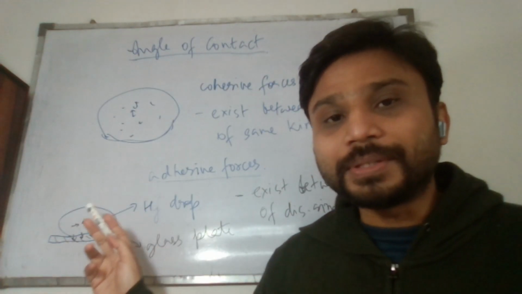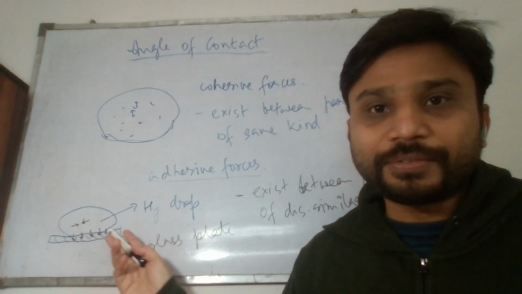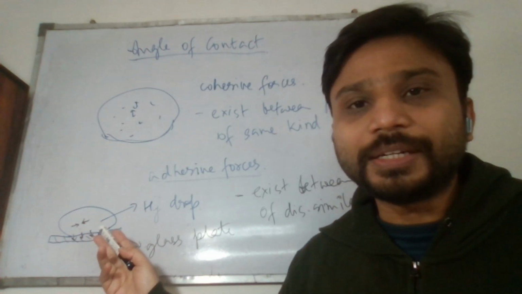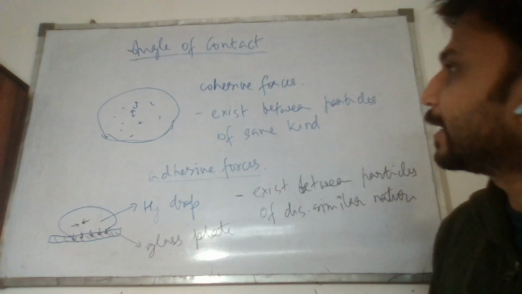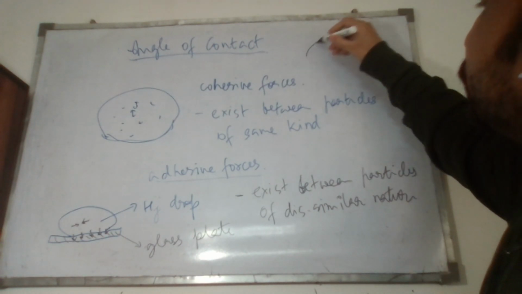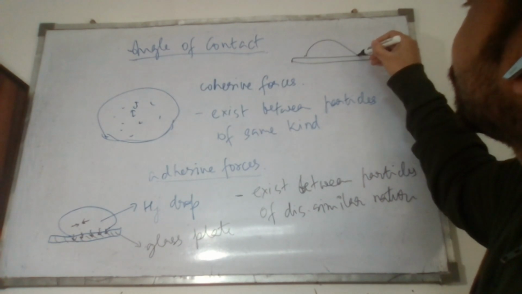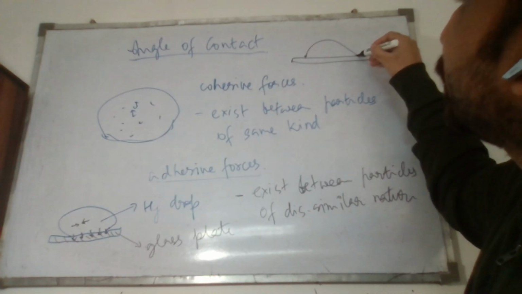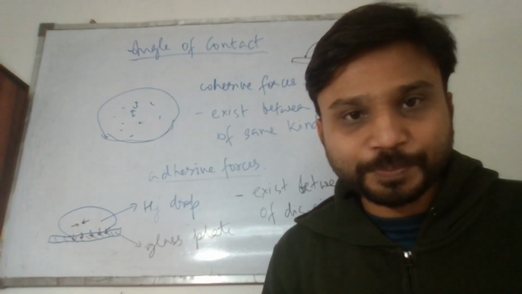The forces are weak, so we have no incentive to create a large surface area. In case of a water drop, when it is placed on a glass plate, it forms a surface like this. And from here, we can begin with the idea of angle of contact.